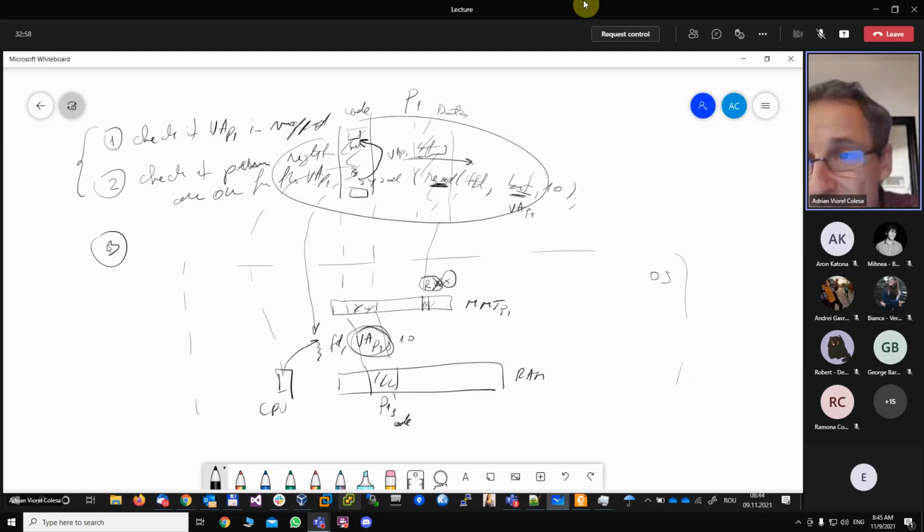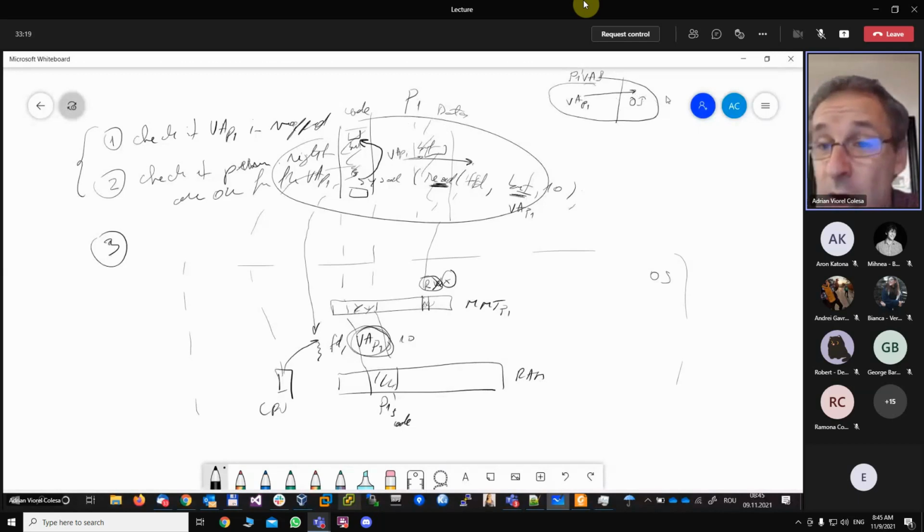Let me illustrate it here. Is because in the process virtual address space, okay, the OS is also mapped. And now if this VA of P1, okay, this one which normally should go to a buffer inside the process memory, if VA actually goes inside the operating system part, we have a problem.